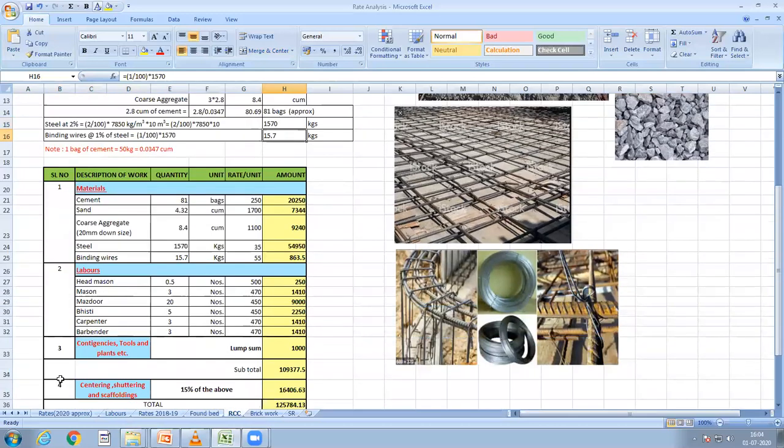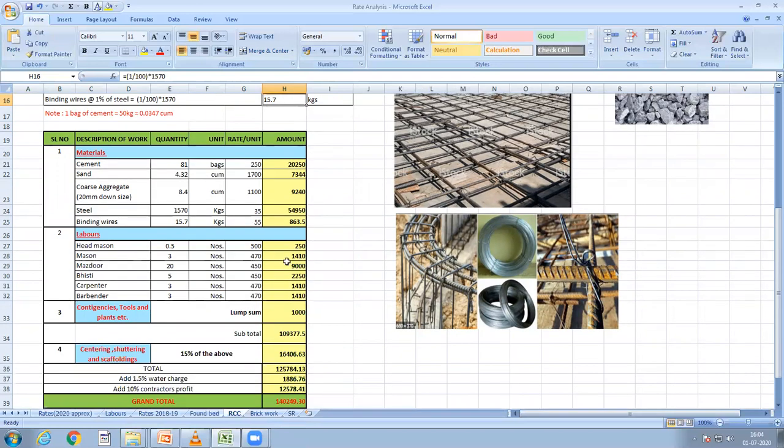Now this is our rate analysis table. Same table for all the works. So first is materials. We need cement, sand, coarse aggregate. For roof slab, we will be using 20 mm downsize, and steel and binding wire. These basic things you have to know.